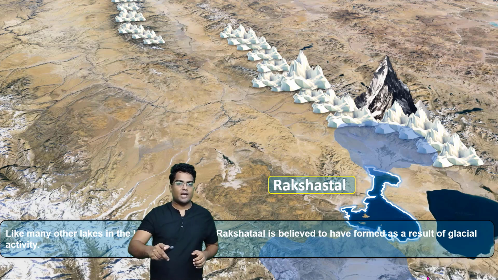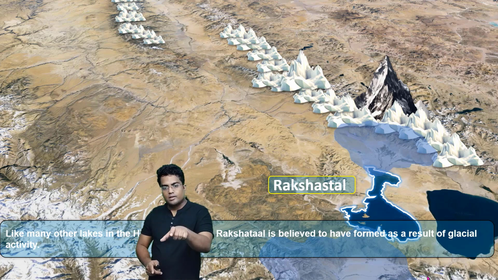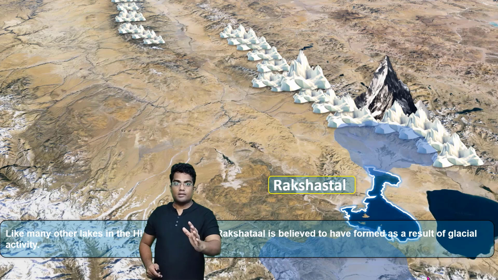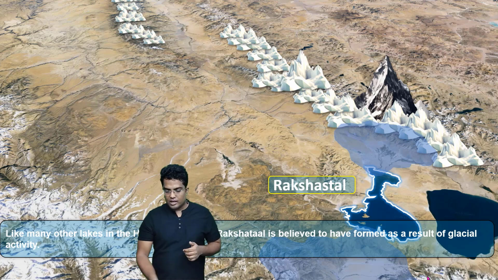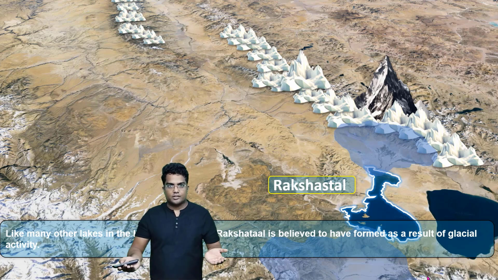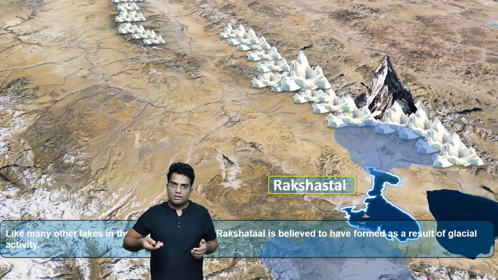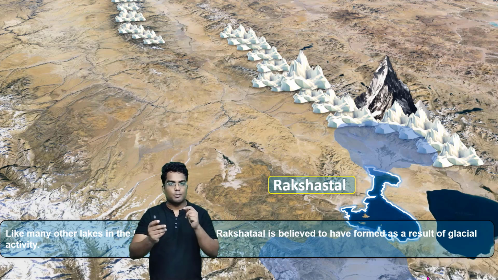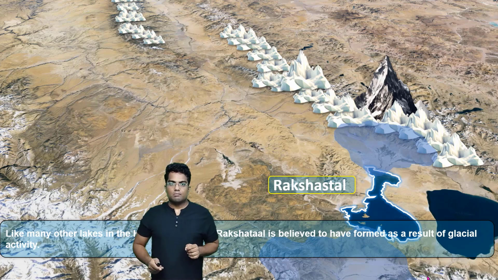As you can see, the ice has melted and is pouring into this lake. But despite this, no one knows why it's salt water. This lake was formed because there was a shallow structure already there, and when most of the glaciers melted into water, they just filled up this lake. Okay, so that became Rakshastal Lake.